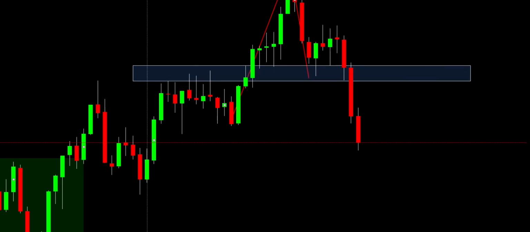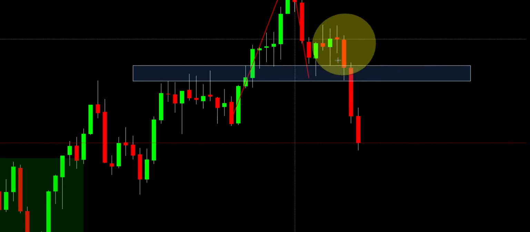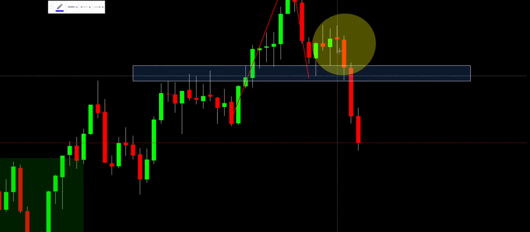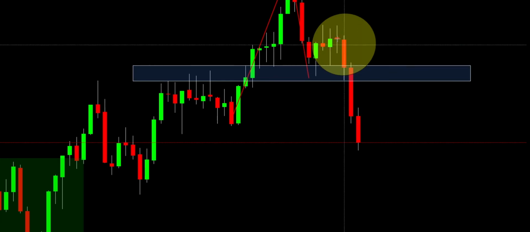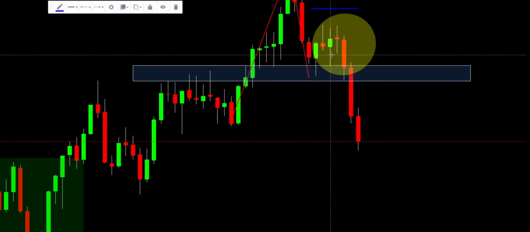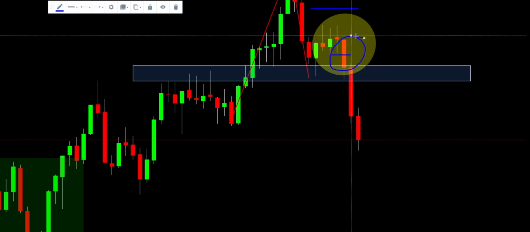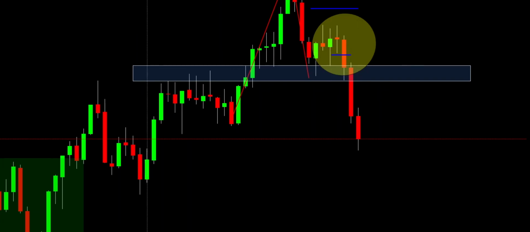So what I'm going to wait for is a conservative entry candle, and this is more than enough for me. This right here is my new lower high point. My stops, I just placed about there. Once I saw this strong bearish candle right here to the downside, I executed my trading positions, guys.